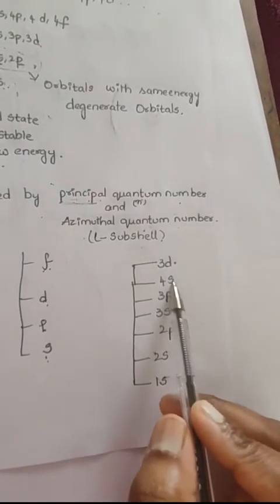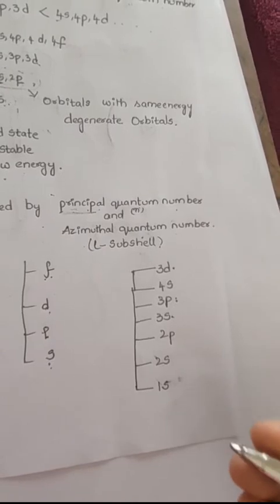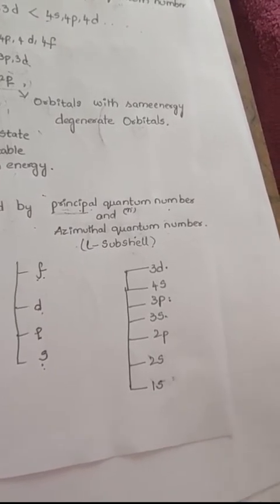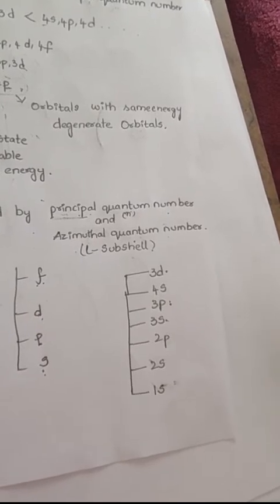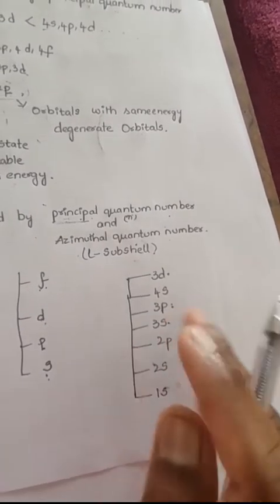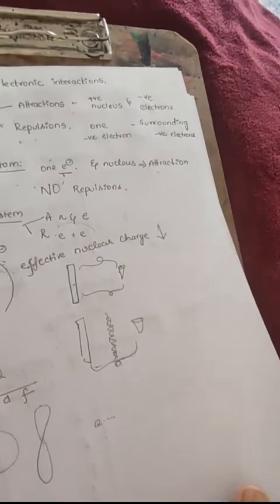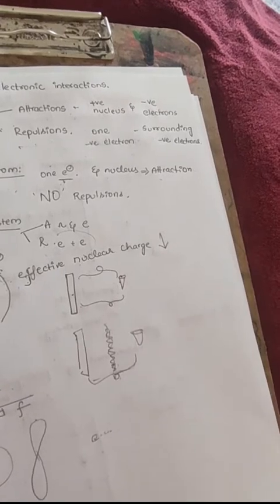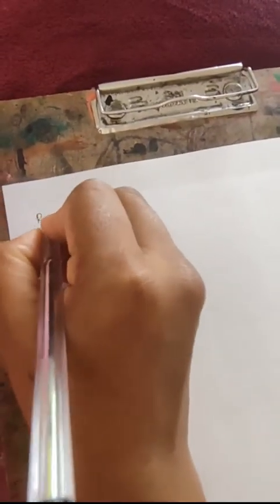To know the energy of different orbitals, whether an orbital has lower energy or is present in a higher energy orbital, we have a rule. By this rule, using the principal quantum number and azimuthal quantum number, we can determine whether it has lower energy or higher energy.